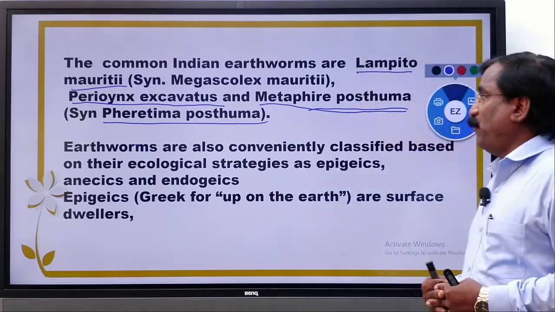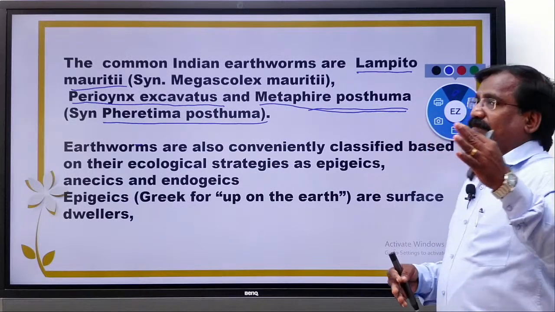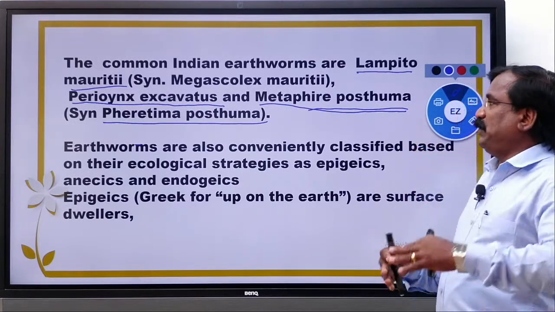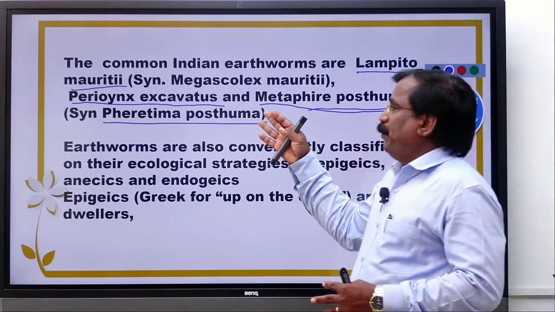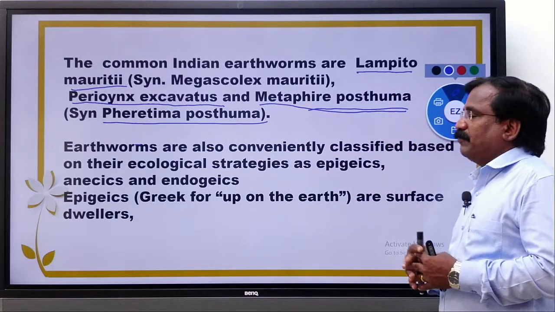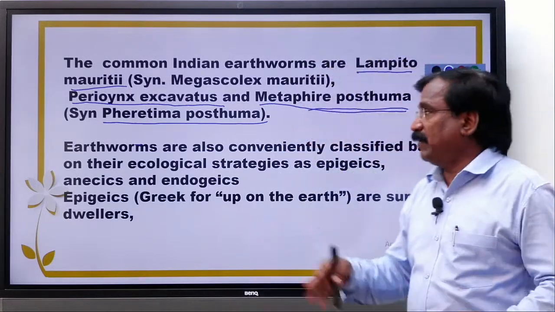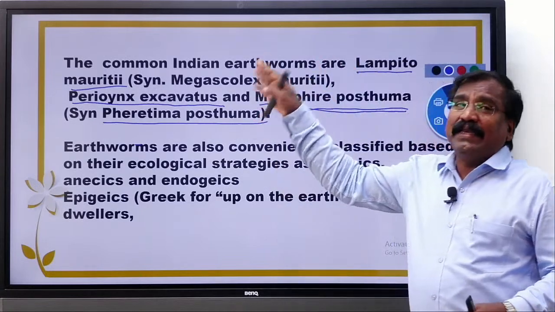Lampito morathi, a related species Megascolex, Perionyx excavatus, Metaphire posthuma. These are the common Indian species.